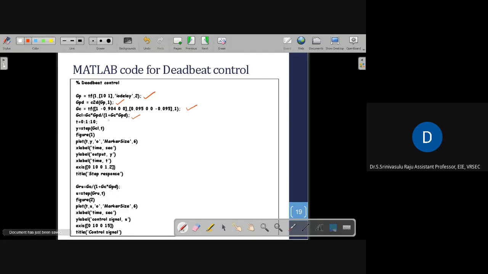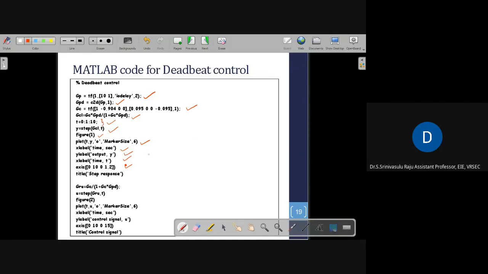Then you need to perform the step input. The step input requires a time signal, so 0:1:10 corresponds to the time signal, and you apply the step input. That one you have plotted and given as figure 1. These are all decoration. You can give a marker size because I need to identify where we are getting the output, so we express the output with the symbol O, and marker size 6. Then X label, Y label, time, and axis.